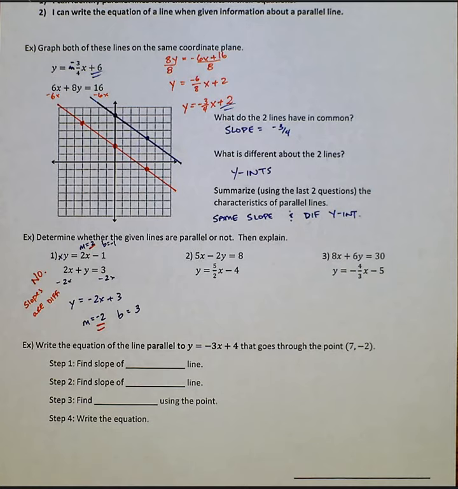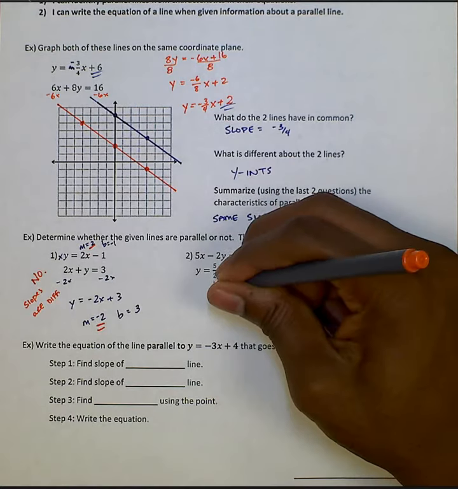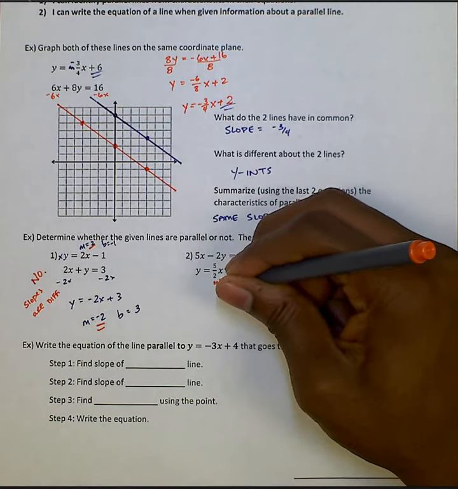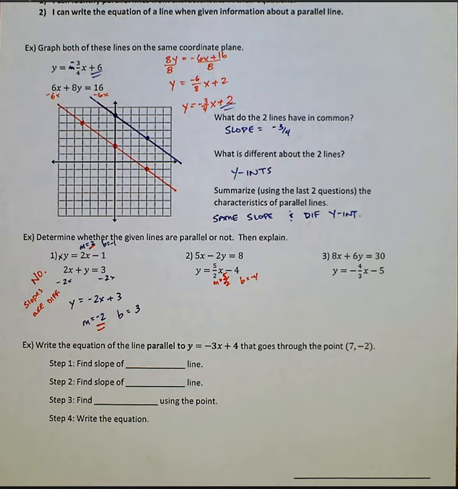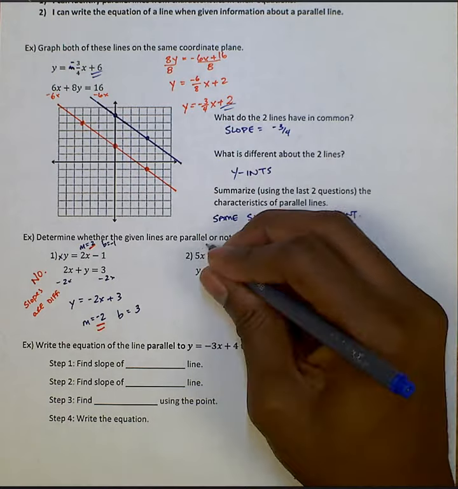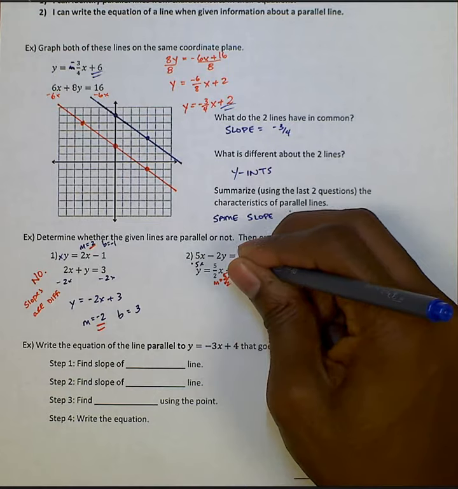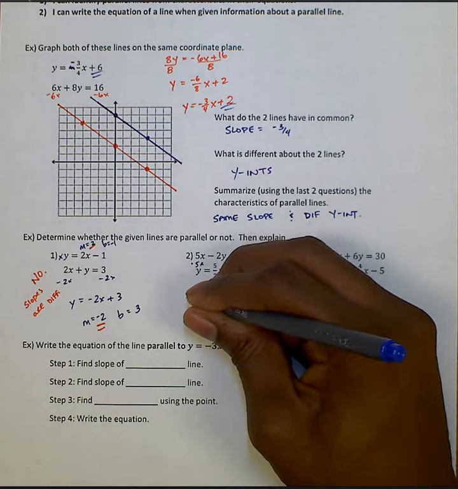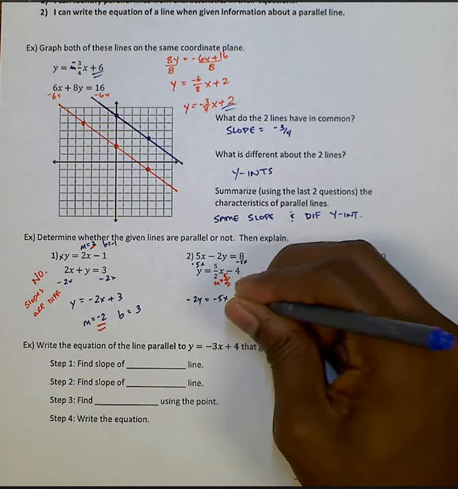Second problem, we are given that our slope is 5/2 and our y-intercept is negative 4. And in this first equation, I need to get y by itself. So I'm going to do that by subtracting 5x from both sides. And so I have negative 2y equals negative 5x plus 8.